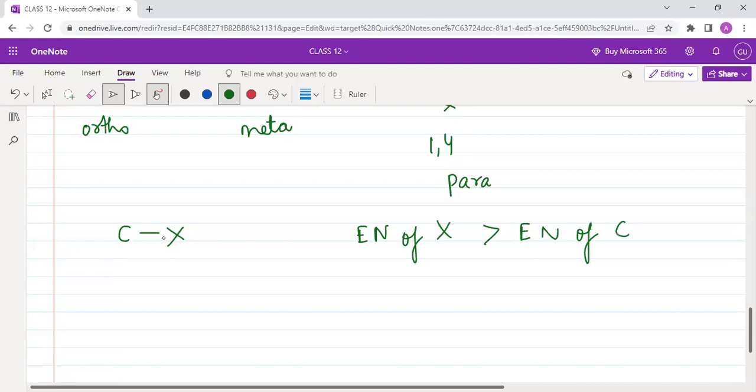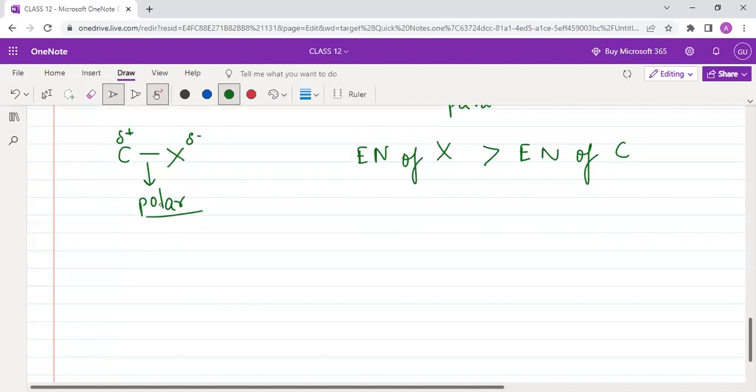So it will have a partial negative charge and carbon will have a partial positive charge. That means this C-X bond is a polar bond because of the electronegativity difference. So the carbon-halogen bond is polar in nature.